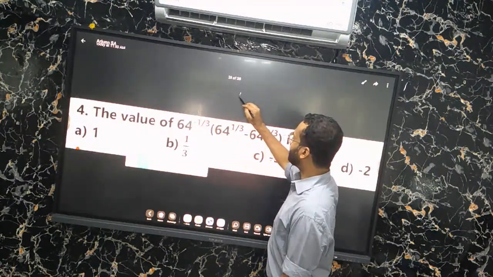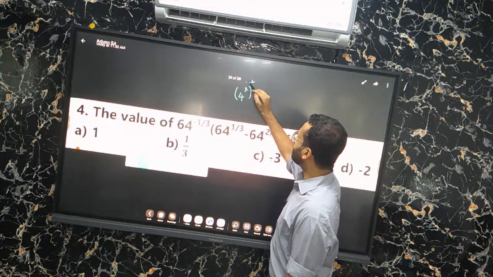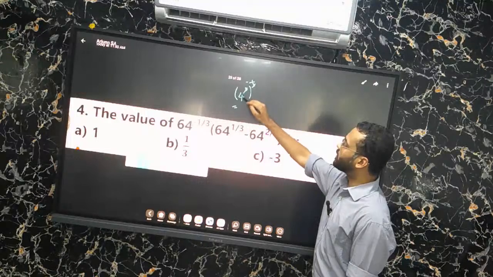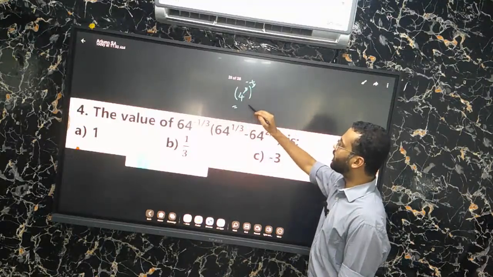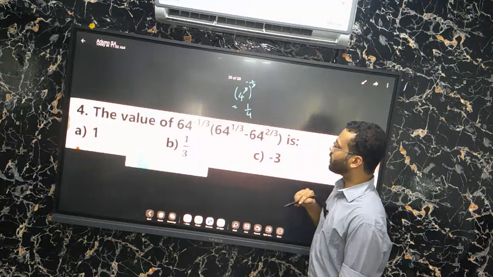I will first write 64 as 4 power 3, to the power of minus 1 by 3. This will become nothing but, 3 and 3 cancel out, 4 to the power of minus 1. 4 to the power of minus 1 is nothing but 1 by 4.